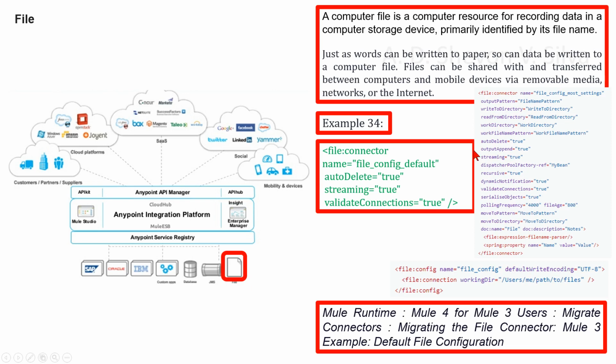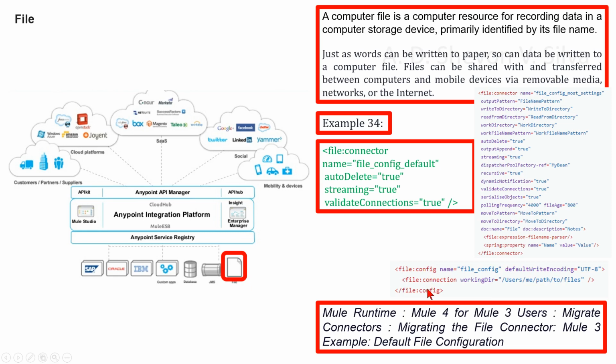Here is the Mule 3 example of available file connector settings. In Mule 4, the file:config is the top level element for the connection configuration, and file:connection is the child element for the connection related settings. Here are the Mule 4 examples.